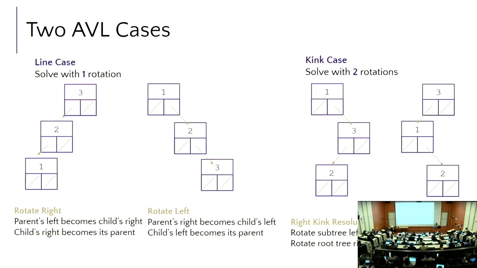The kink case takes 2 rotations, where you first rotate into the line case and then you rotate from the line case into balance. So for example, as you can imagine with this kink case, you would rotate this one here, so that it looked like this one. So you would rotate that 2 and 3 so that you had that 1, 2, 3, and then you could rebalance it, and 2 would become the root of those.